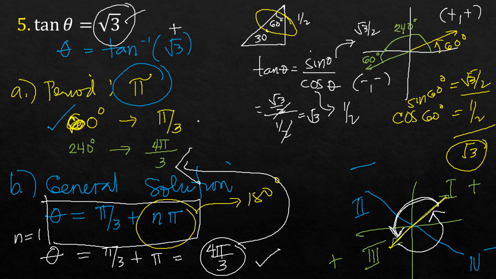So one is enough, and that is based on the period. When you are asked to get the period 0 to pi, your answer can only be 60 degrees or pi over 3. However, if you are asked to provide the answers from 0 to 2 pi, then these two must be your answers, pi over 3 and 4 pi over 3.